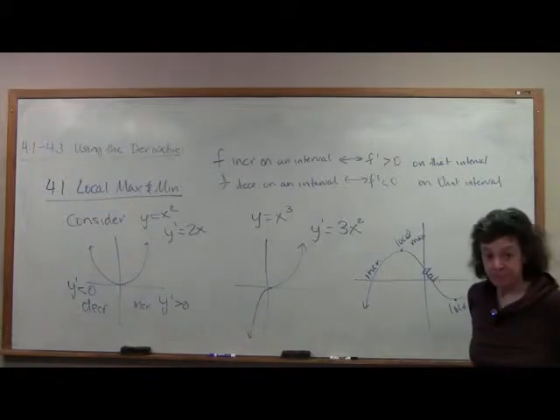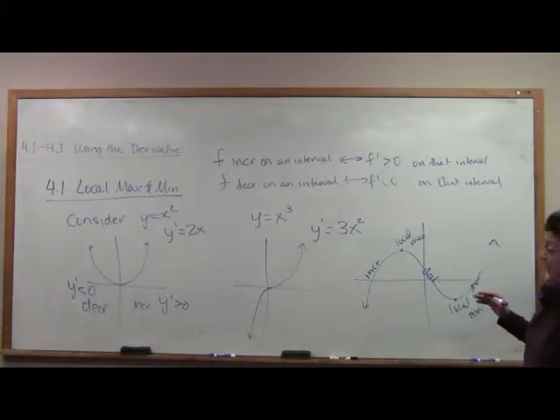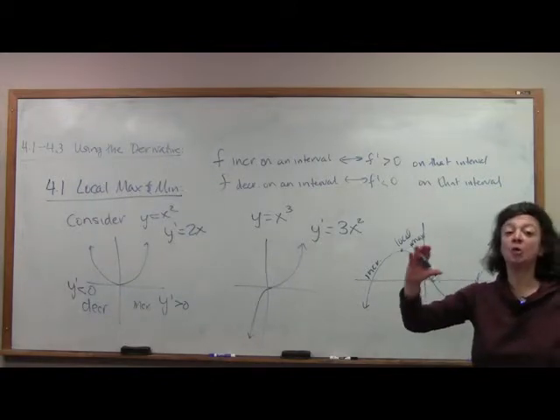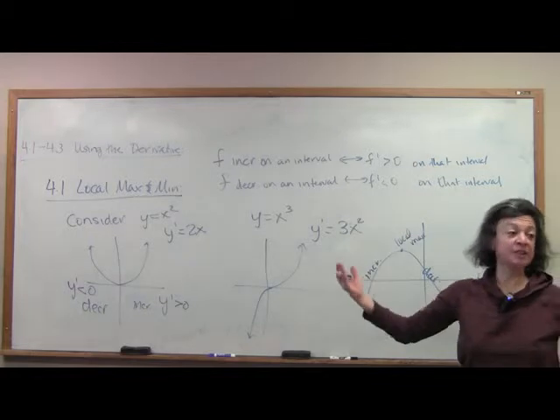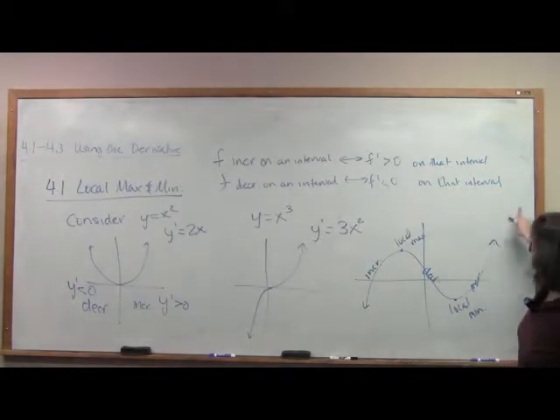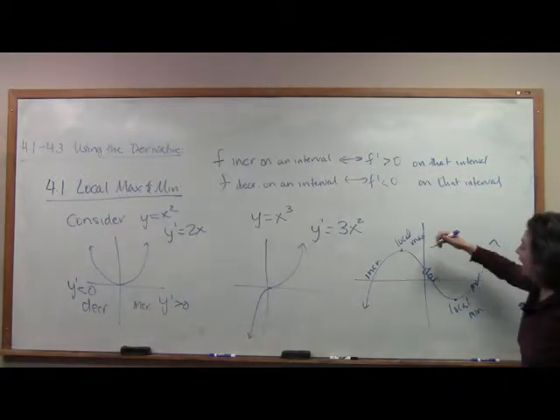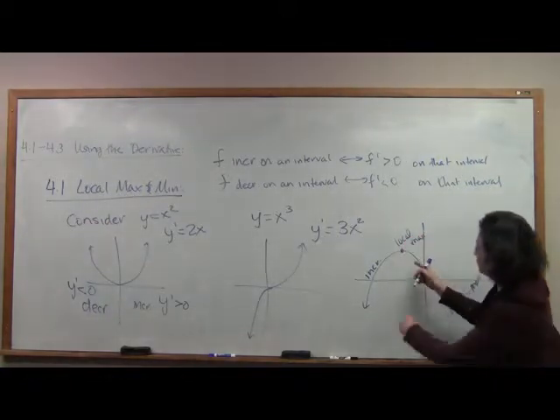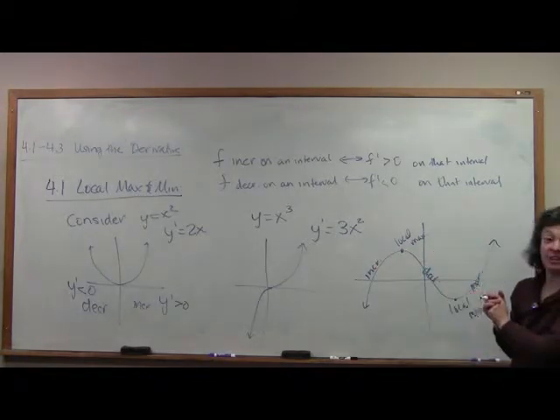Now, why do I call them local max and local min? When we talk about local, we're talking about in that region, versus global, which means everywhere. I claim there is no global maximum because our function goes off to positive infinity. However, in this region, locally, this is my maximum value.